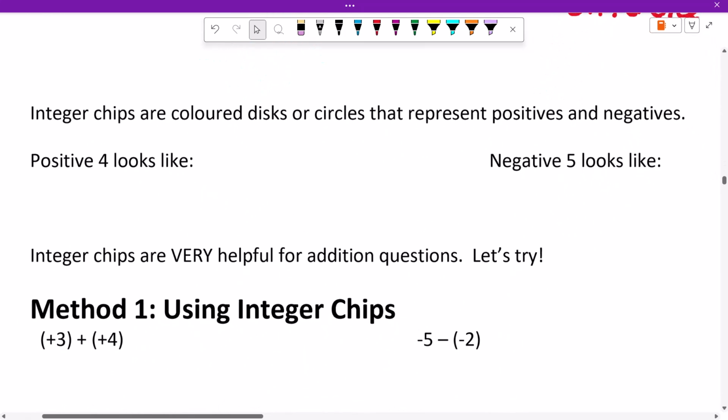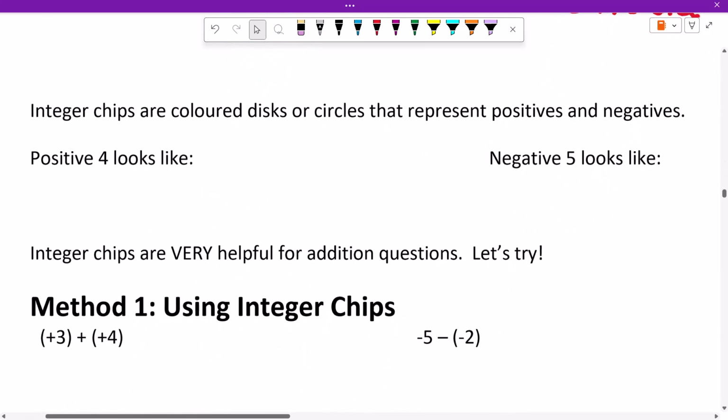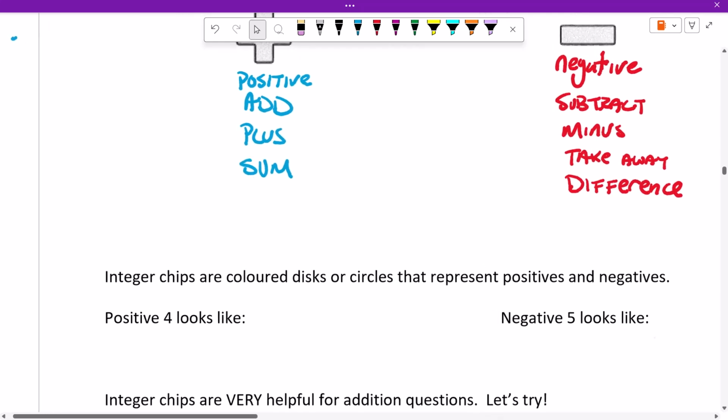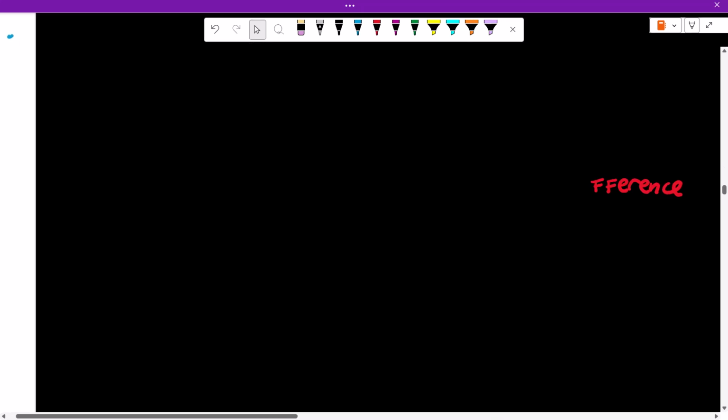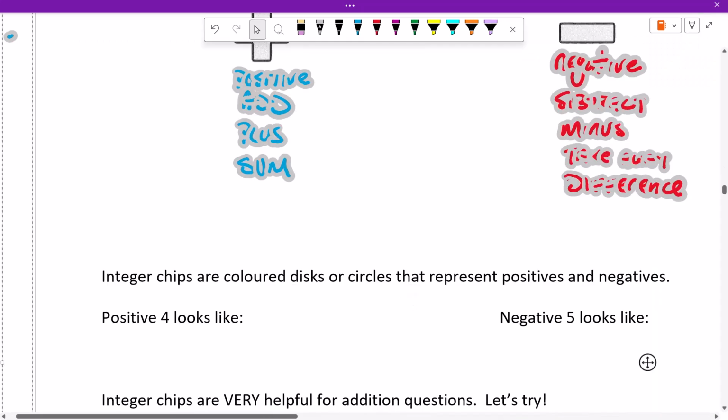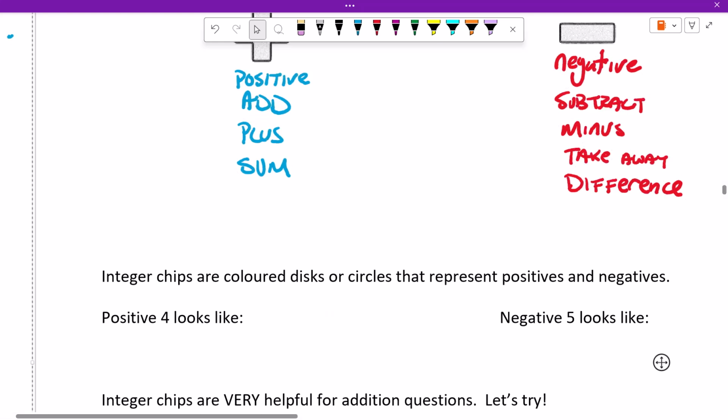Okay, so now we're going to look at how to add and subtract integers, so positive and negative numbers. We're going to do a little bit of a review. The first part of the review is how you get taught in grade 7, using chips. Those are the diagram method.